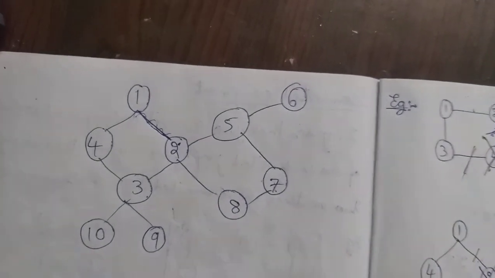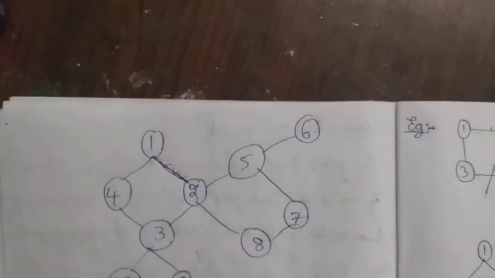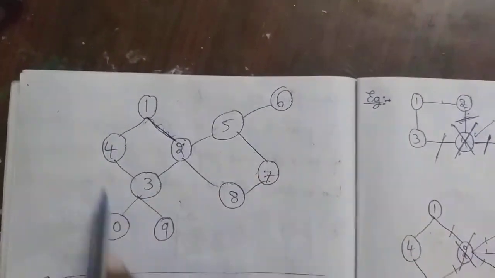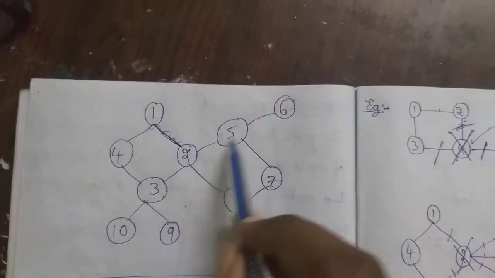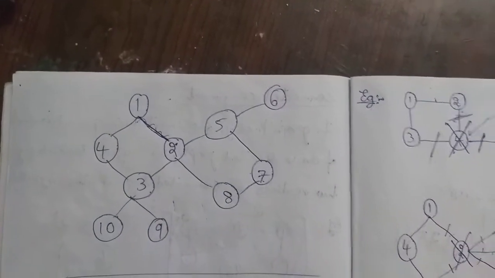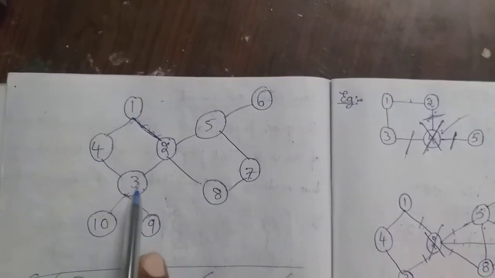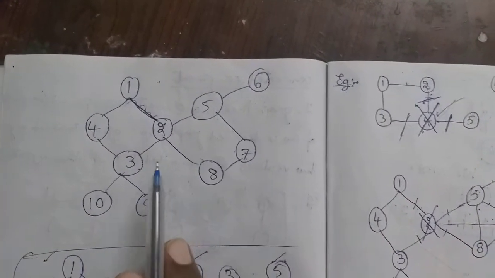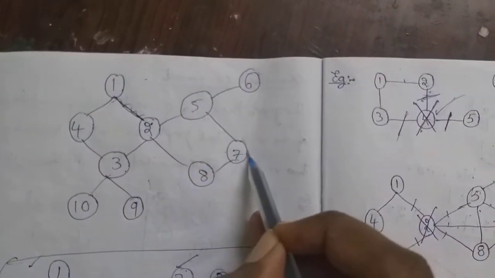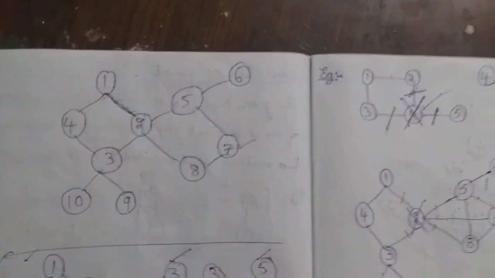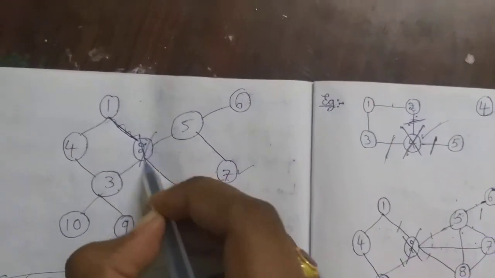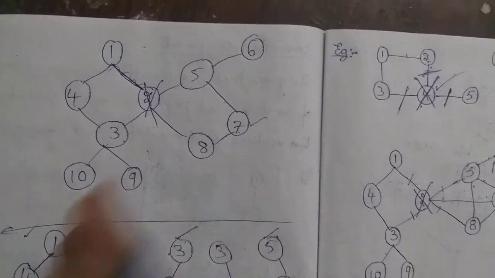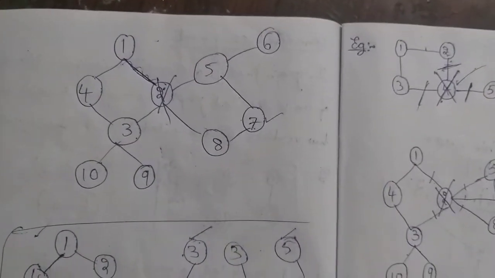This is a network used to transfer signals from one station to another station. Stations 1, 4, 3, 10 and 9, any of these 5 stations wants to send signals to station number 7. If at all station 2 is down, there is no other path. Therefore the signals are blocked, communication is blocked.